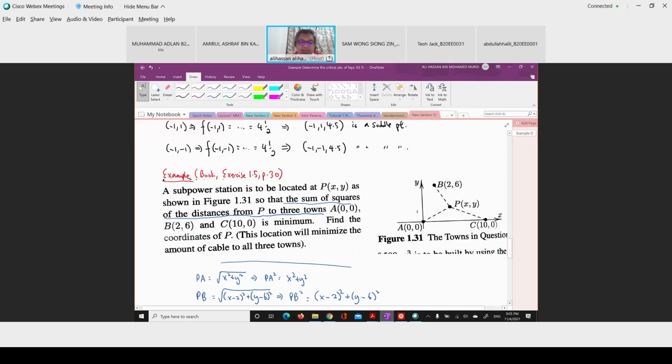You can place P far, far away from ABC, but then you need a longer cable and a larger amount of cost. Yeah, usually we're interested in the minimum.